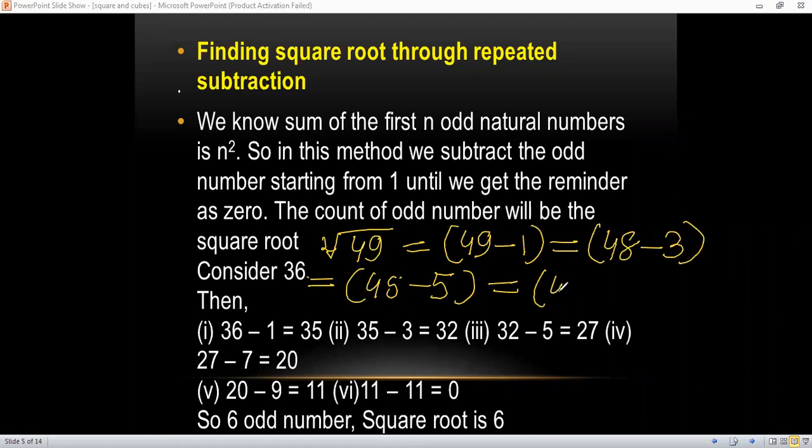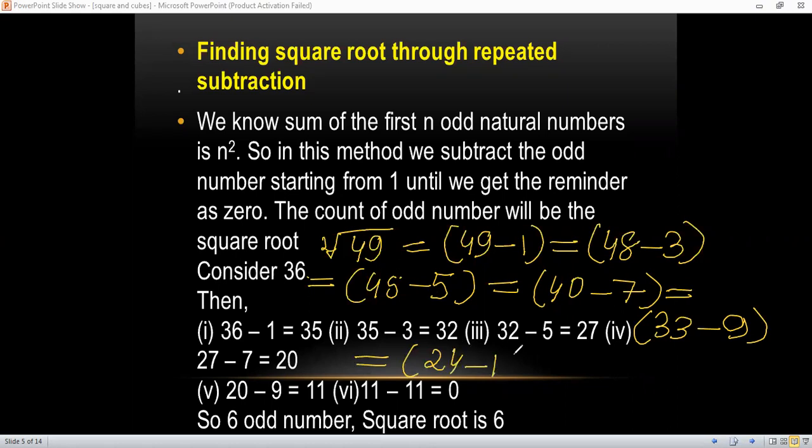I get 40. Minus 7, 33. Minus 9, 24. Minus 11, 13. 13 minus 13 is equal to 0.